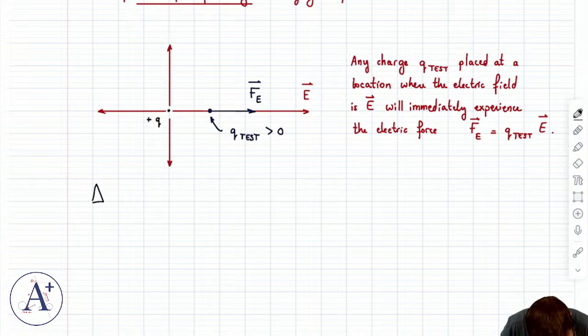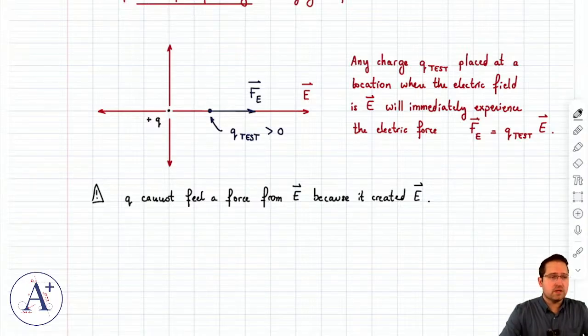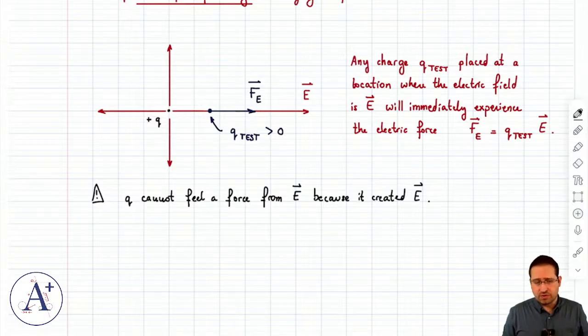So be very careful. Q cannot feel a force from E because it created E. Okay, so an electric field cannot act on the charge that created it, if you prefer to say it that way.